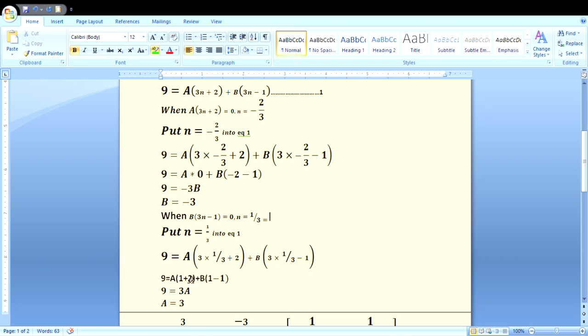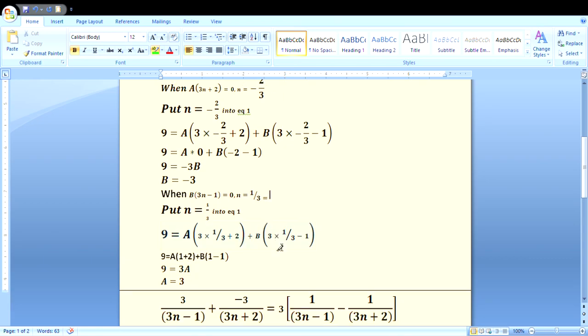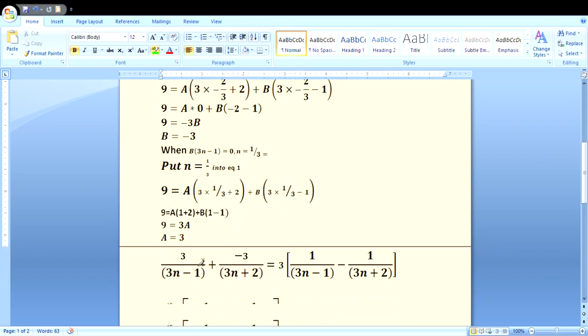So as seen in this bracket, 3 divided by 3 leaves 1, and 1 minus 1 is 0. 0 multiplies B, so B is completely wiped off. What is left is 9 is equal to 3A. Then to obtain A, we divide both sides by 3, so that A equals 3.